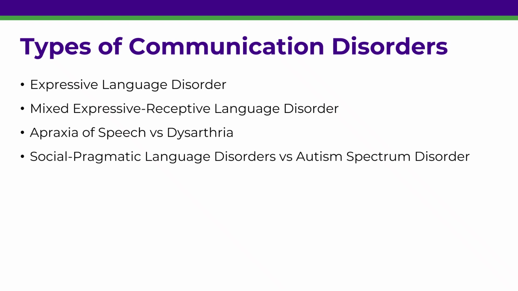Another is mixed expressive receptive language disorder, which is where both expressing and understanding are delayed compared to peers. Then there's apraxia of speech and dysarthria, which we're going to take a moment to focus solely on, differentiating those two. And then also social pragmatic language disorder versus autism spectrum disorder, which we will also take a moment to talk about.